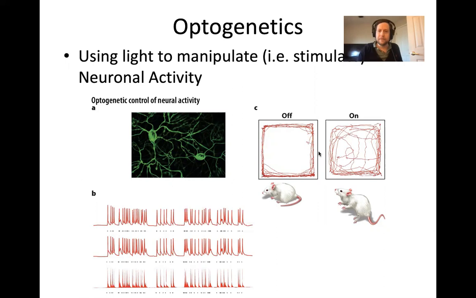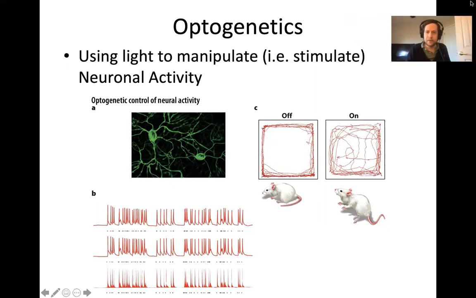This is another relatively new one, and this one involves genetic manipulations. So optogenetics: the opto reflects the involvement of light. Opto means pertaining to light, and genetics means referring to genetics. So in optogenetics, through genetic manipulation, the researchers can change the nature of the neurons in at least parts of the brain.